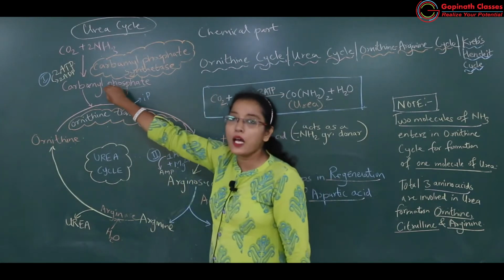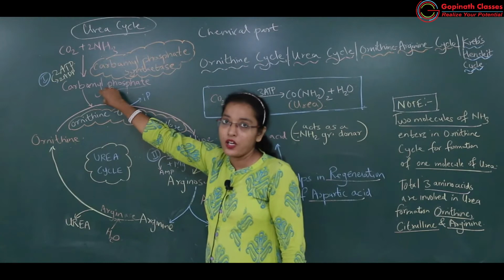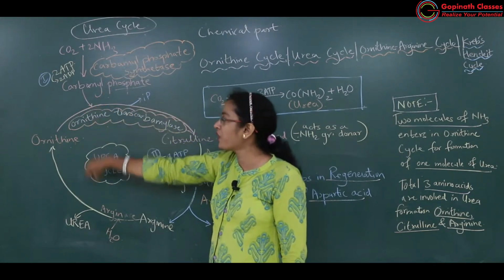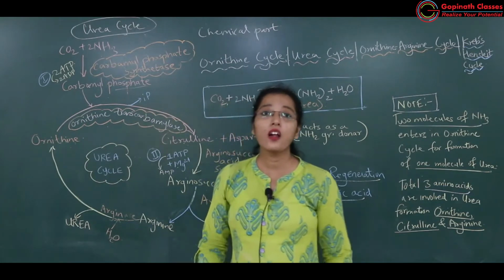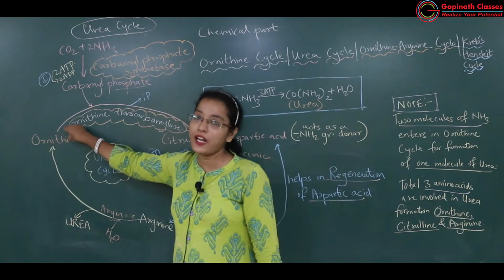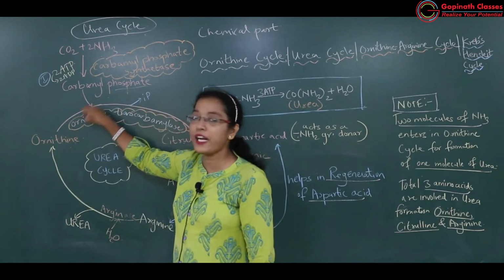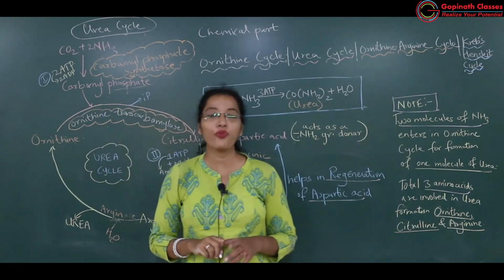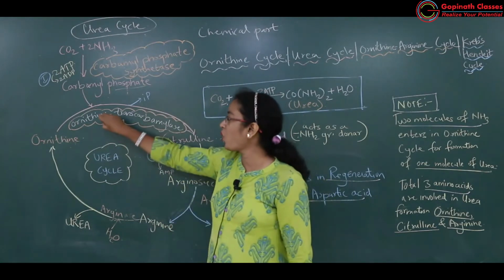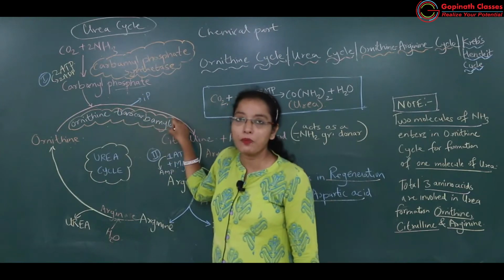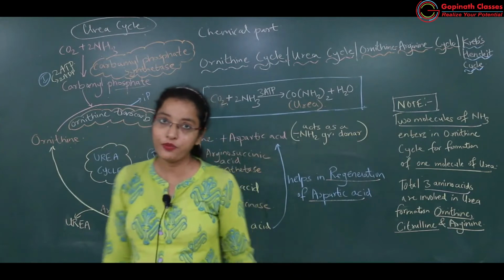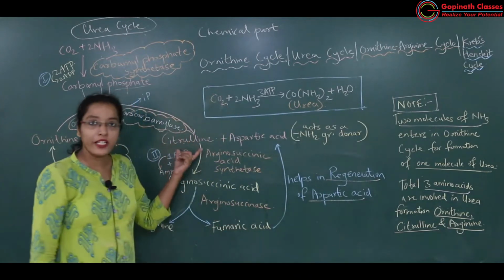Now this carbamyl phosphate will release the inorganic phosphate, and the remaining part will react with ornithine. So ornithine and carbamyl phosphate will react with one another in the presence of ornithine transcarbamylase.